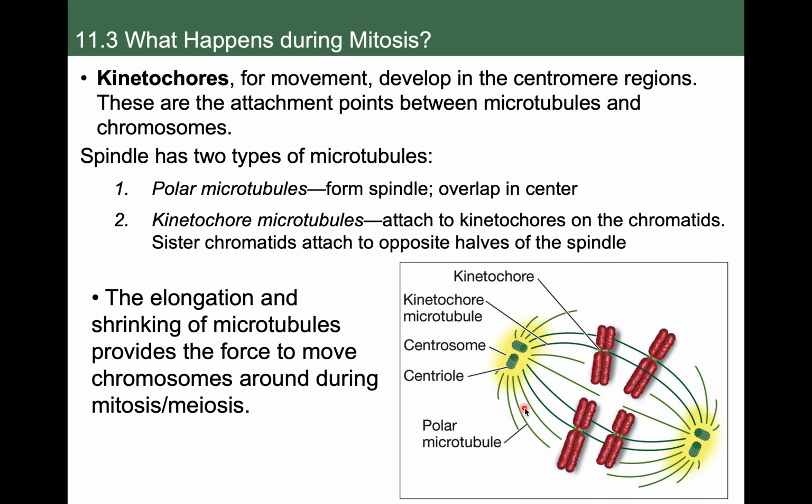Yeah, I think I have already mentioned this, but kinetochores are those attachment points. And again, these microtubules are shrinking and growing, pushing and pulling the chromosomes around. So they're providing that force to actually drive mitosis.